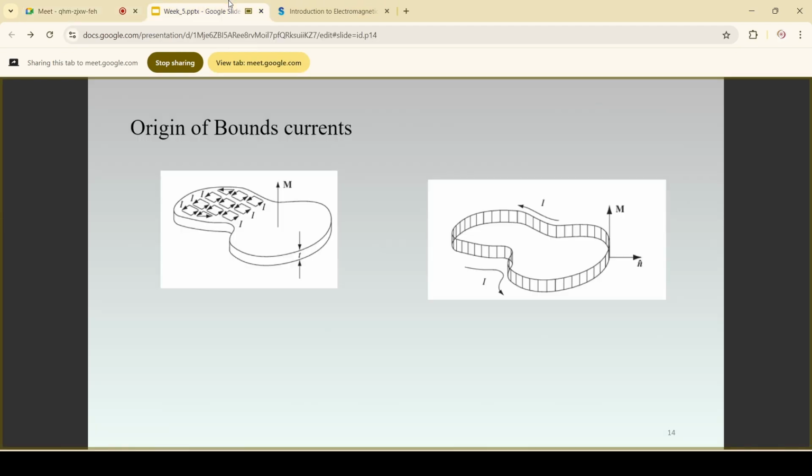Now I want to show you what is the origin of these bound currents. So here you can see in this figure, at the surface, you know that there is thickness T. If any current flows like this, along the arrow direction, it's perpendicular to that.